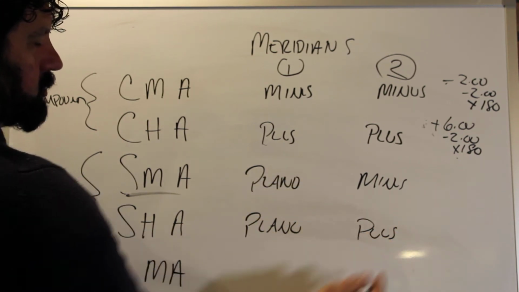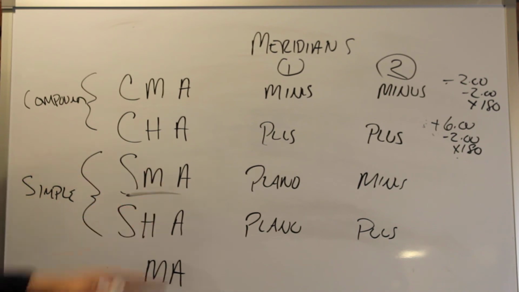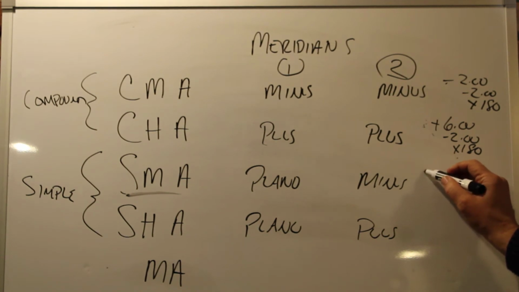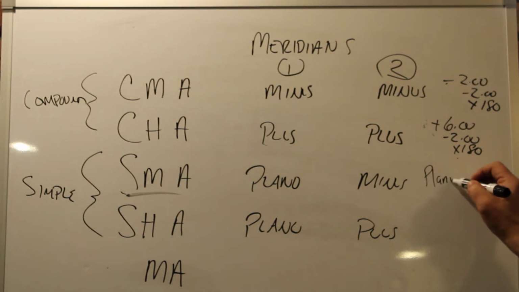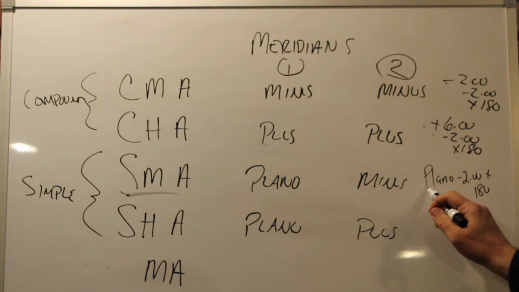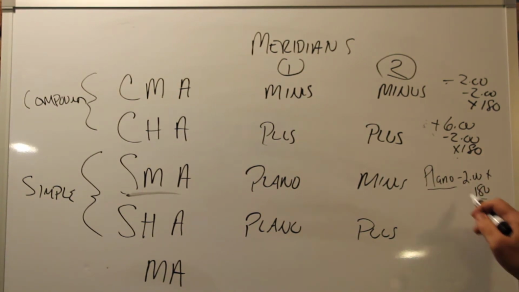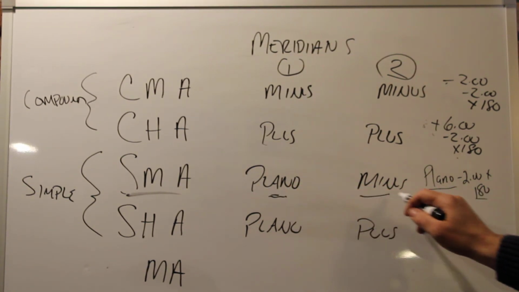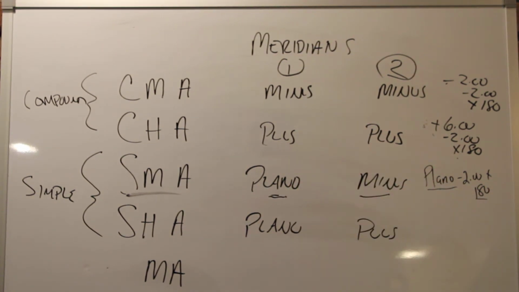It's sort of the definition. And this one, this is where I want you to watch out a little bit. Because this, plano, minus 2, axis 180, I have one meridian that is plano, 90 degrees away is a minus 2. If one is plano and one is minus, this is simple myopic astigmatism.